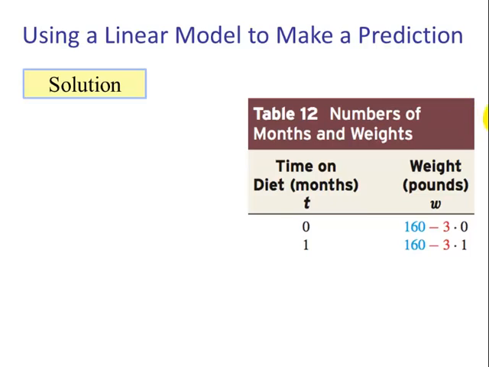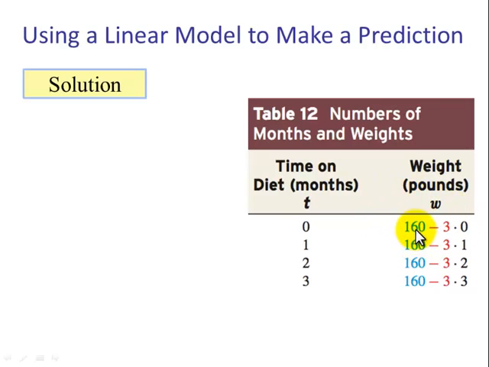Now I'm expressing that as an expression, so that way it will be easier to see the pattern and easier to write the equation. So when T is 2, we have 160 minus 3 times 2. 3 months, we have 160 minus 3 times 3.